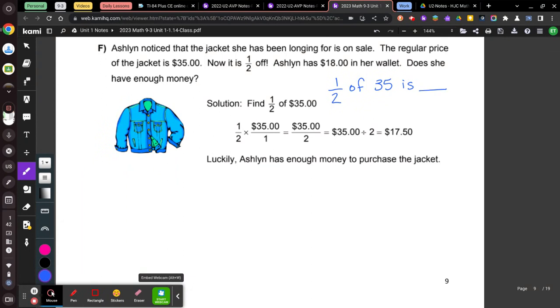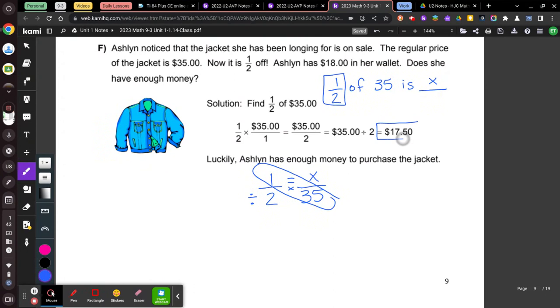It gave us our first fraction, half. What's that? This is our X. X goes on top, 35's on the bottom. We are going to cross multiply and divide by the number left over. So we say 35 divided by 2, and that's going to give us $17.50.